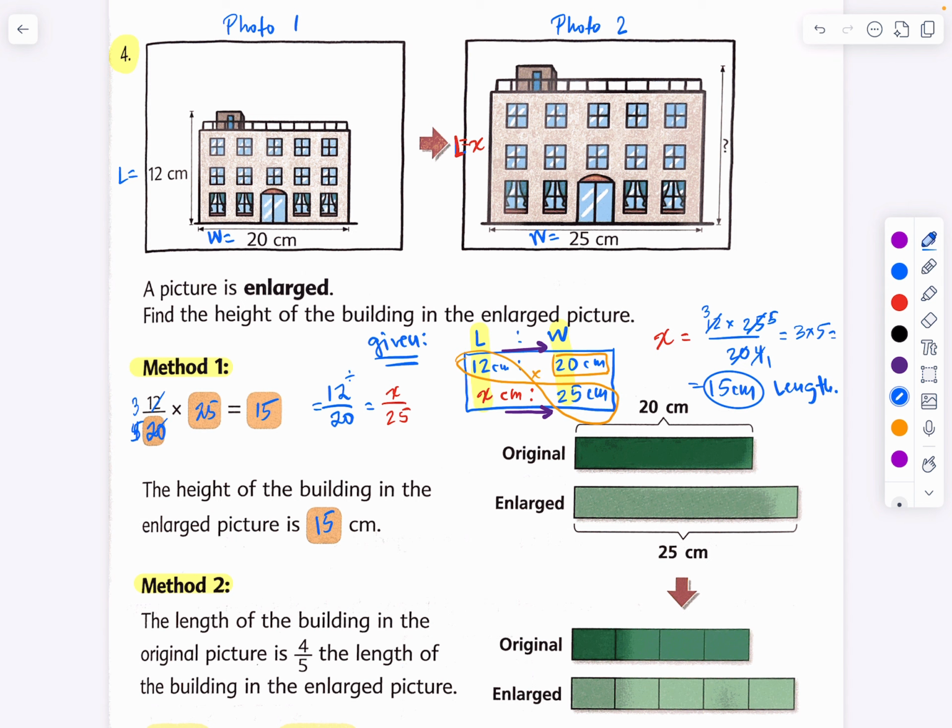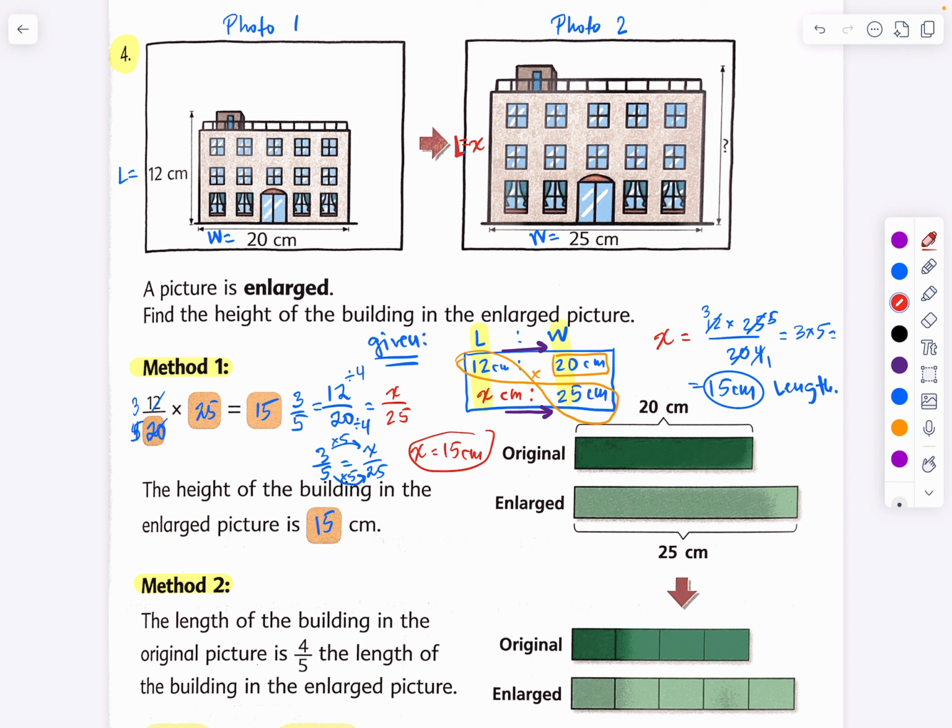Divide by 4, and we have 3/5. Let's rewrite it: 3/5 is an equivalent fraction to x over 25. Now, what needed to happen? Multiply by 5 on the bottom and on the right, and therefore x equals 15 centimeters.